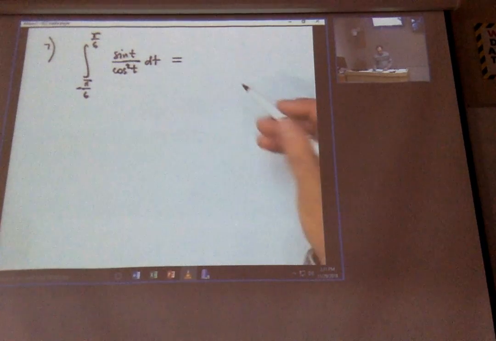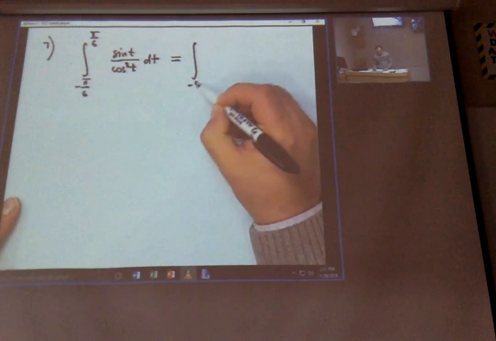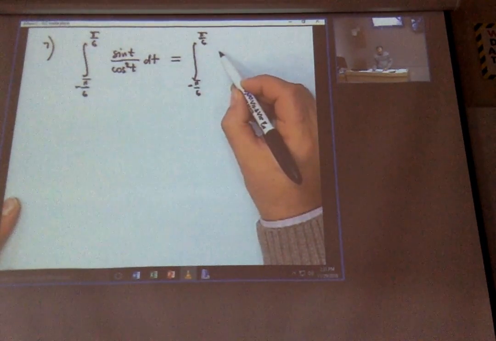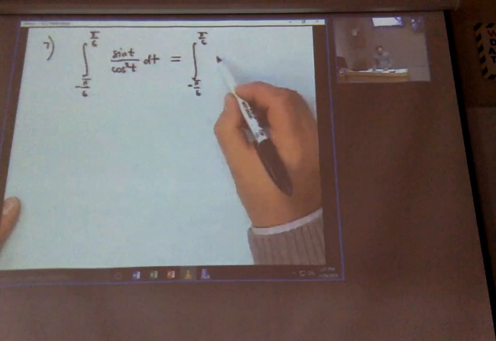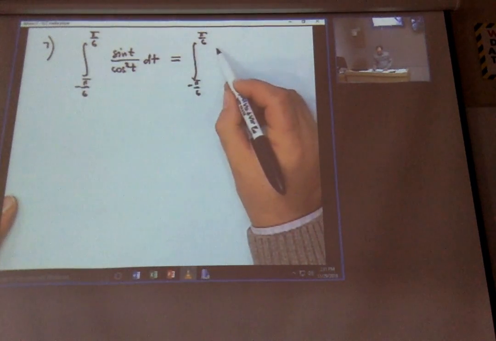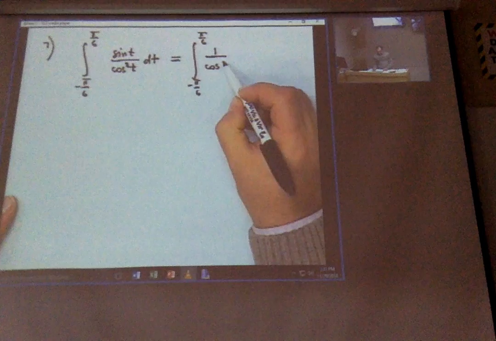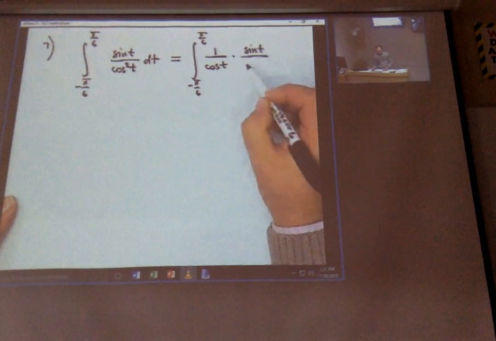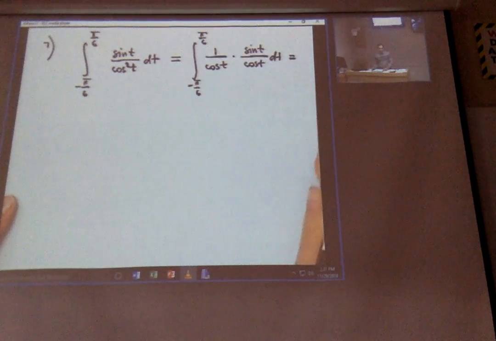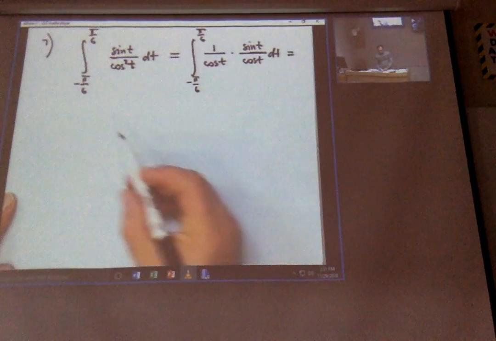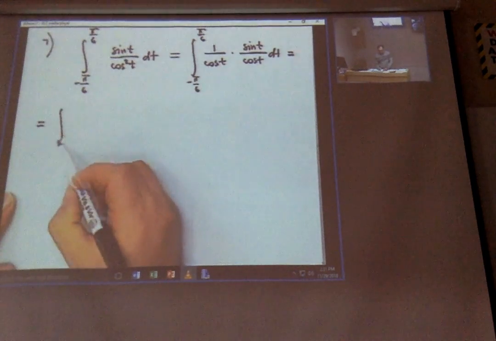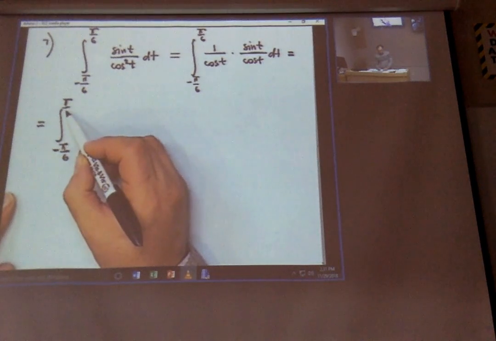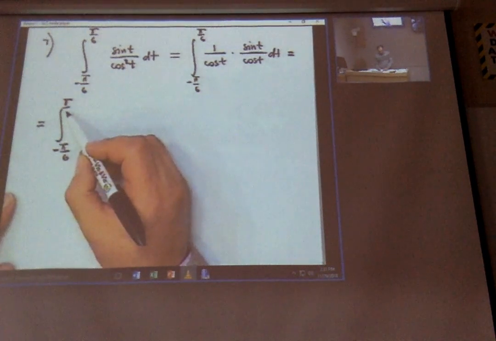So when we split, we can put 1 over cosine of t times sine of t over cosine of t dt, right? Can we do it this way? Yes. And it's always a good idea to check again for other methods, not actually getting into substitution, especially with a definite integral.